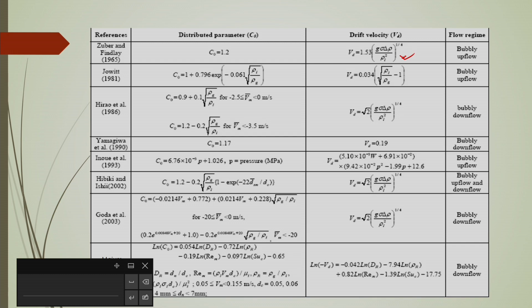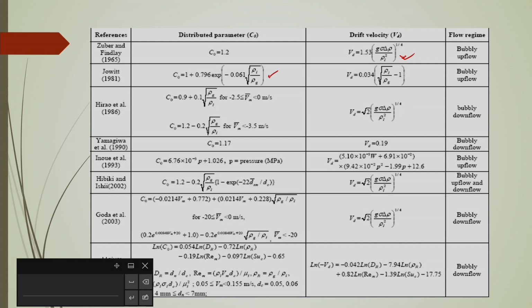Whereas Jowett in 1981 obtained the C0 value and stated that C0 is a function of physical properties, that is, of density, and developed a correlation to calculate C0 like this based on their experimental data.